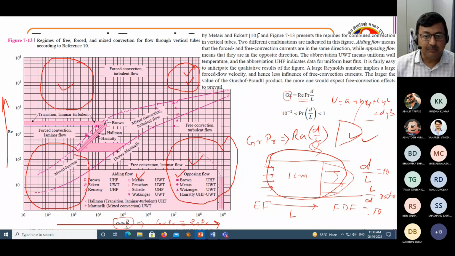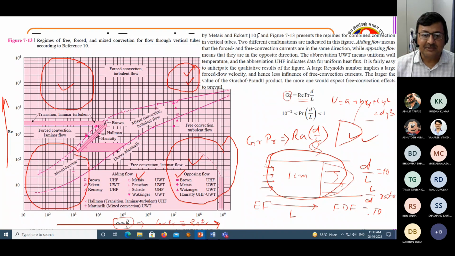So you may see these points: Brown, Eckert, UHF, UWT. UWT means uniform wall temperature, and UHF indicates uniform heat flux.